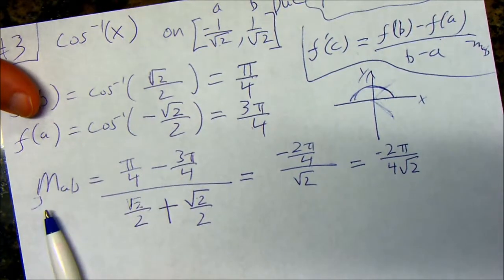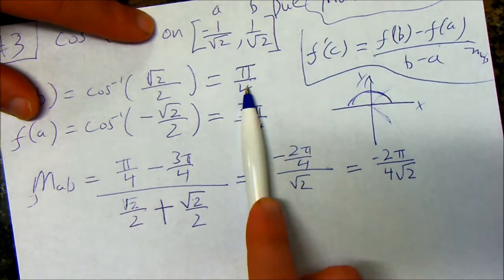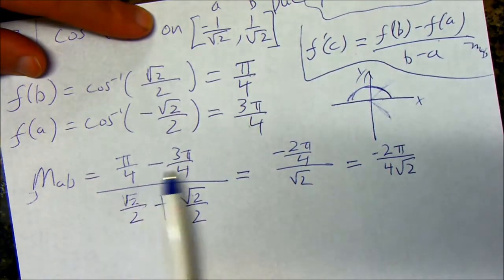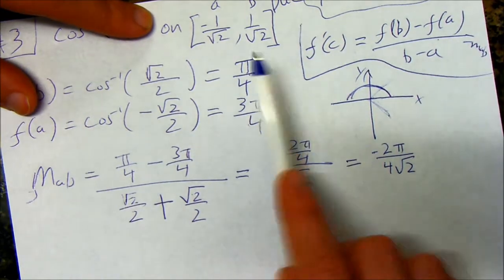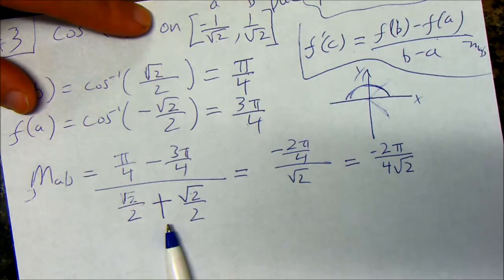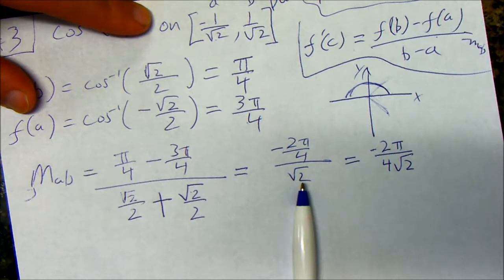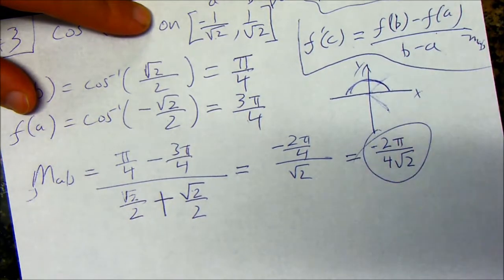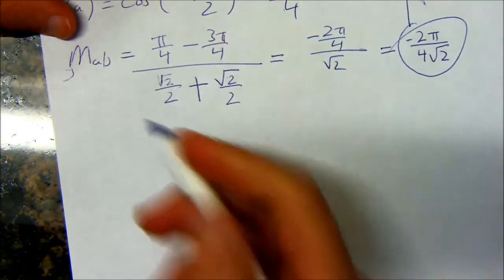Alright, so MAB, which is this, what is that? It's pi over 4, f of b, minus f of a, and that gives me negative 2 pi over 4 on the top. 1 over the square root of 2 is square root of 2 over 2, which I wrote right here, and then subtract negative square root of 2 over 2, which is what this is, and then I get just square root of 2, and then that's going to give me this. Okay? That's my MAB. Now, I need to take the derivative.